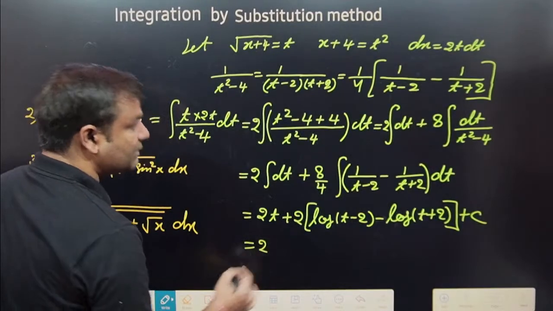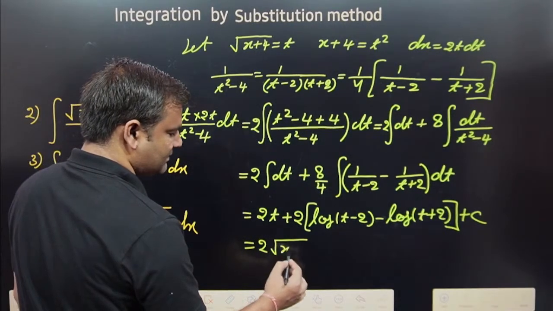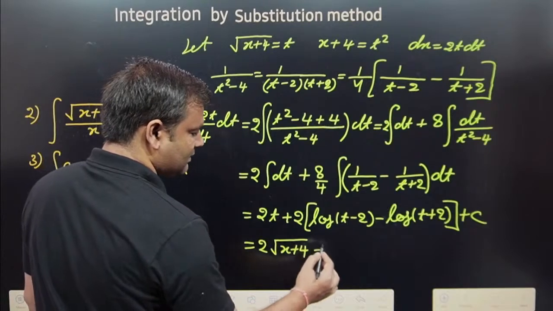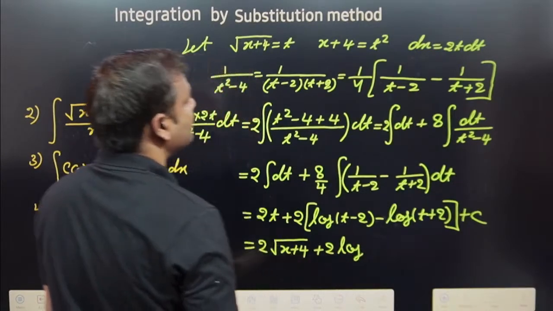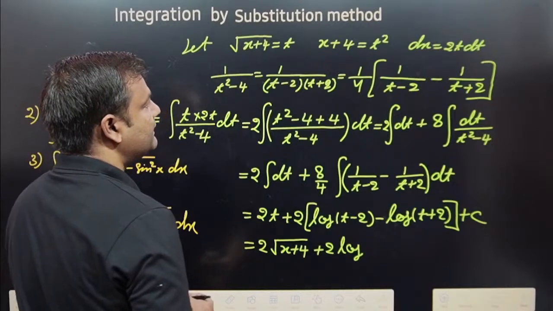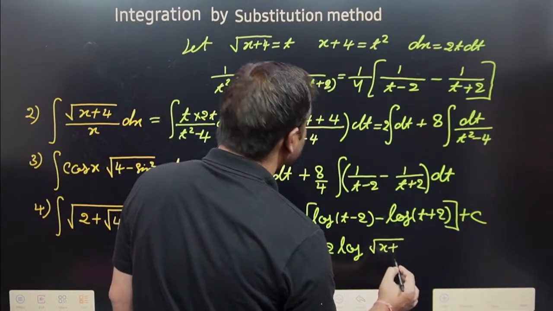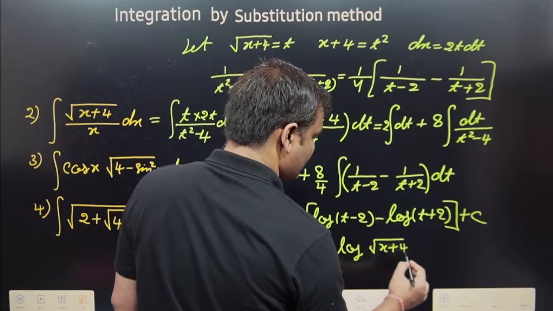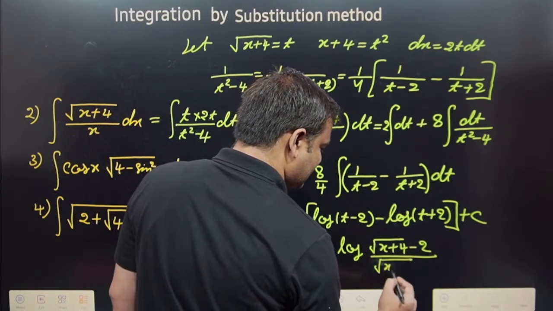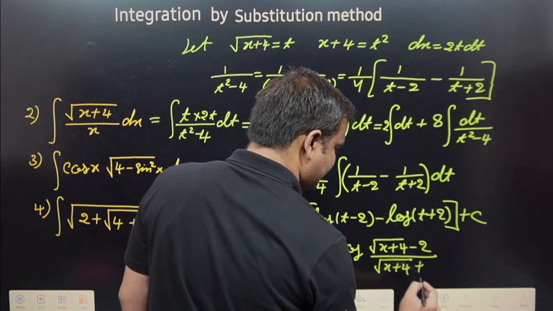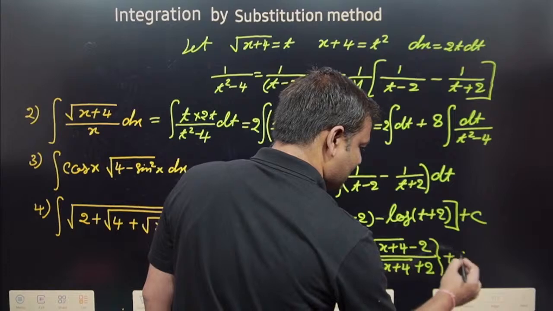So 2t is basically 2 times root x plus 4, plus 8 times 1 by 4, that is 2 times log of t minus 2 upon t plus 2, where t is root x plus 4. So the answer is 2 root x plus 4 plus 2 log of root x plus 4 minus 2 divided by root x plus 4 plus 2, plus c.